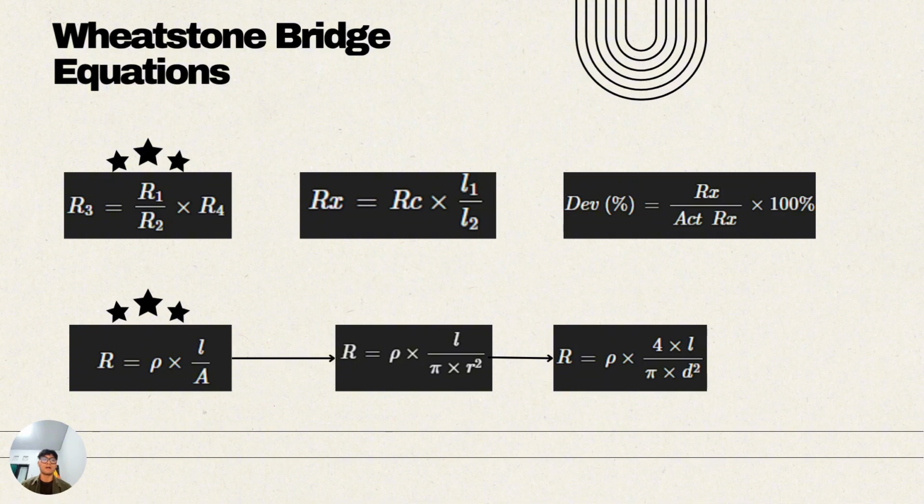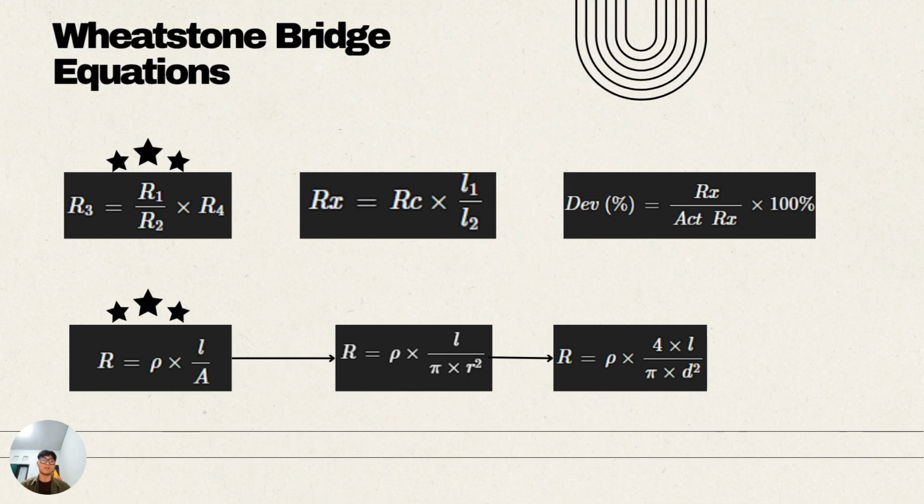Now, R equals rho times L divided by A. Rho is the type of material that we are going to use, and R is the resistance. L is the length, and A is the area. We can use 2 more equations to search for resistance.